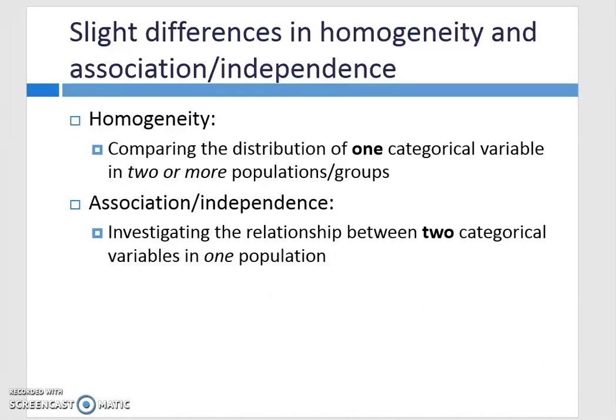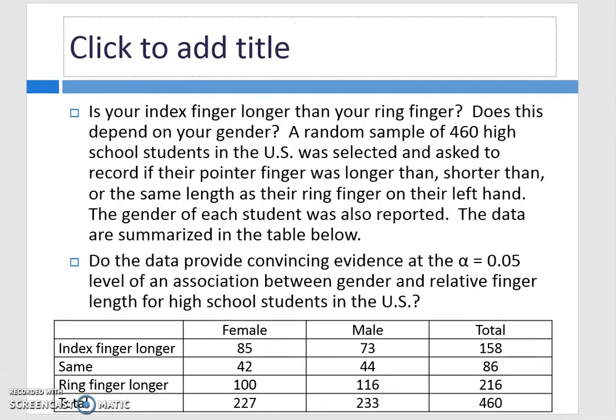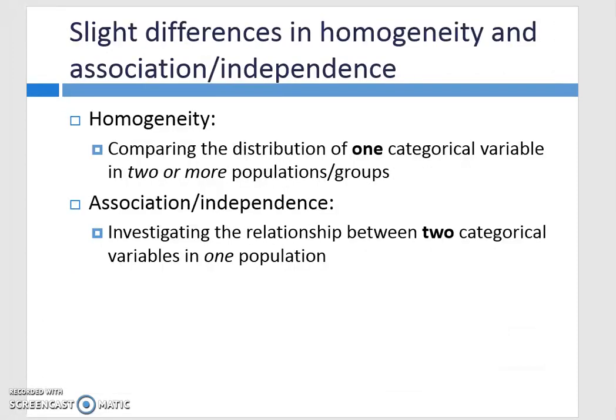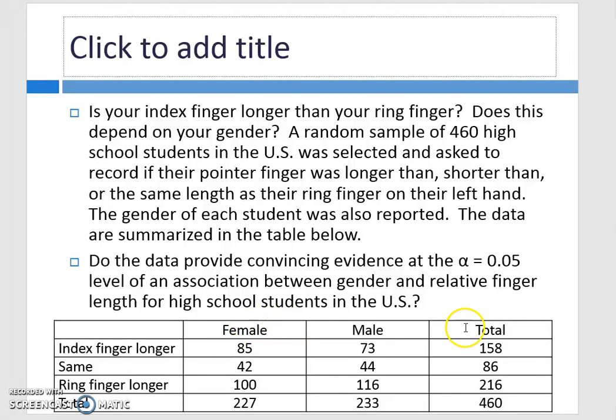Between two categorical variables in one population. So we took one population, high school students in the U.S., and we're looking at two variables, gender versus length of their finger. Okay?